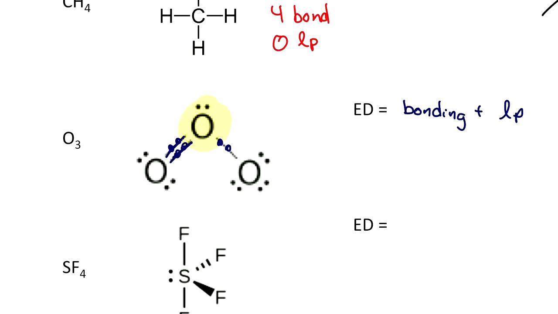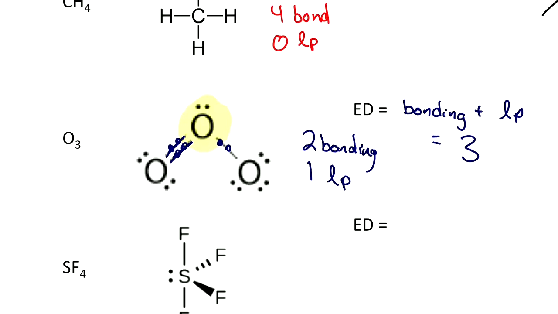So a single bond counts as one domain. A double bond counts as one domain. A triple bond counts as one domain because all of those electrons stay together. So in this example, there are two bonding domains and 1 lone pair. So this electron domain number is 3.